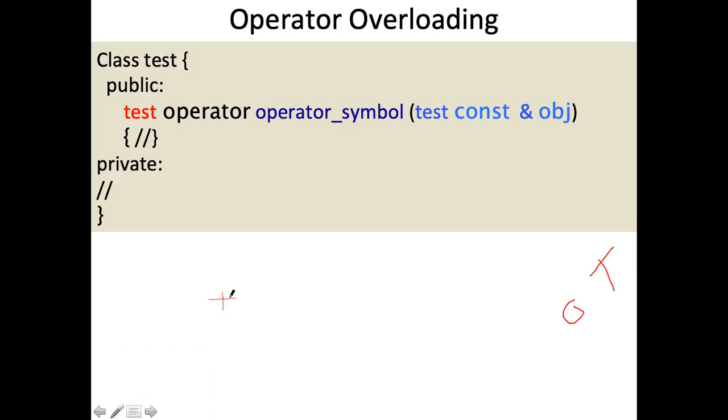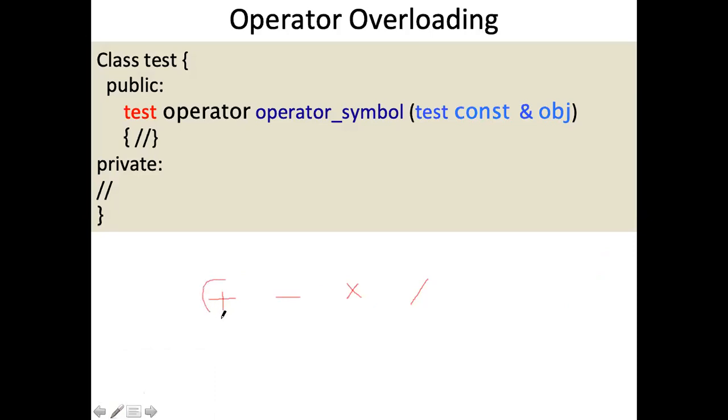For example, plus is an operator. This minus is an operator. ठीक है, multiplication symbol is an operator here. So similarly you have slash is an operator here, right? So these are the different types of operators that are being used.